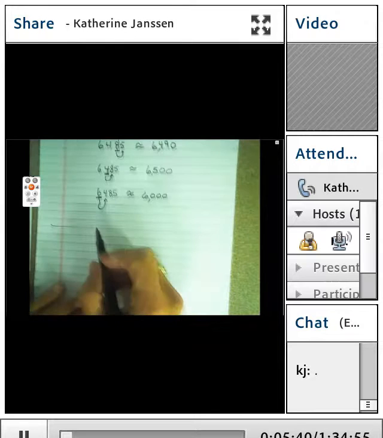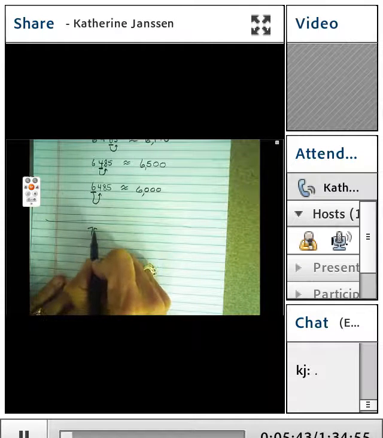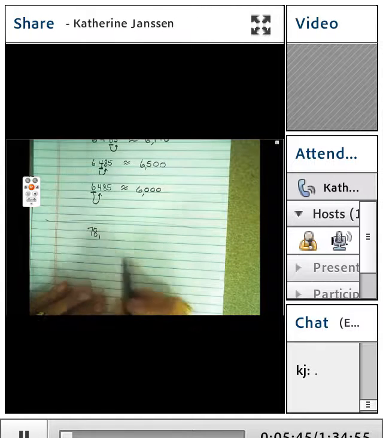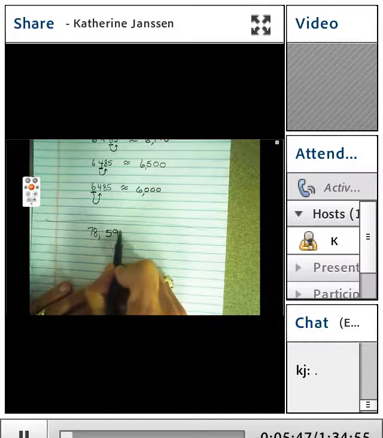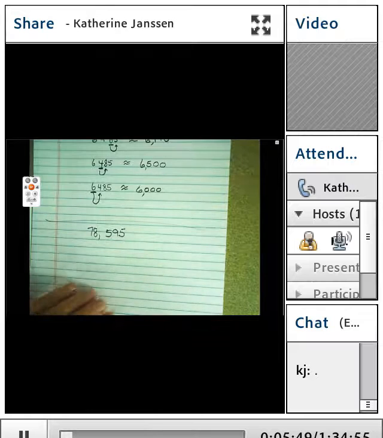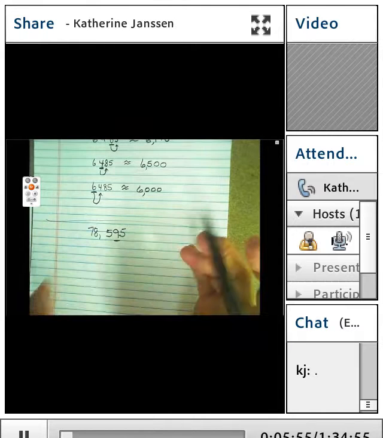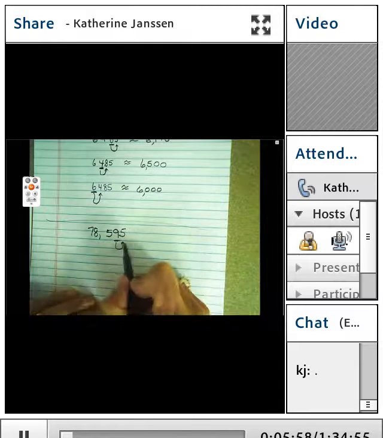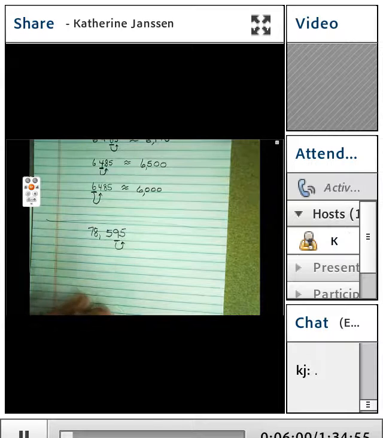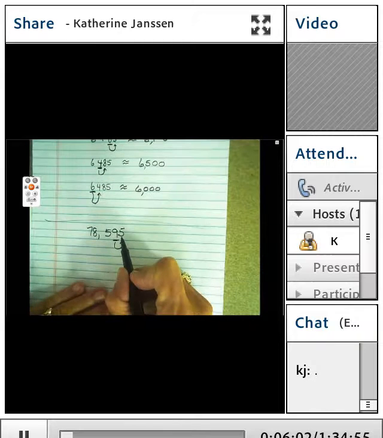We might be asked to round 78,595 to the nearest 10. Mark or indicate the place value you're going to round to. This is the question now. We need a little help. We're going to have to decide, are we going to round up or down? So we look at the digit immediately to the right.